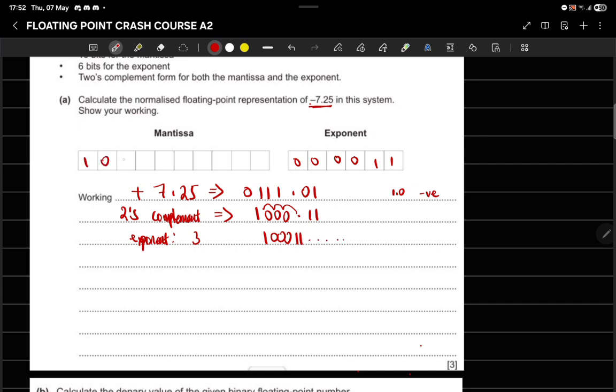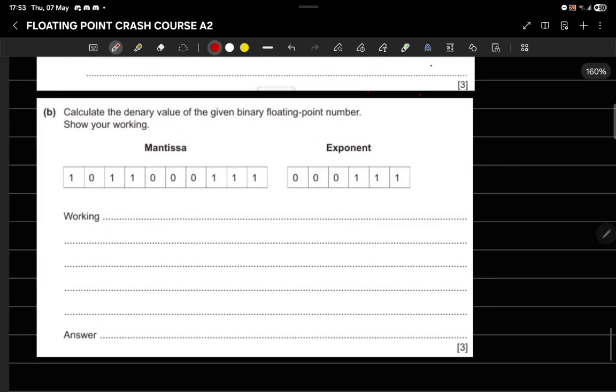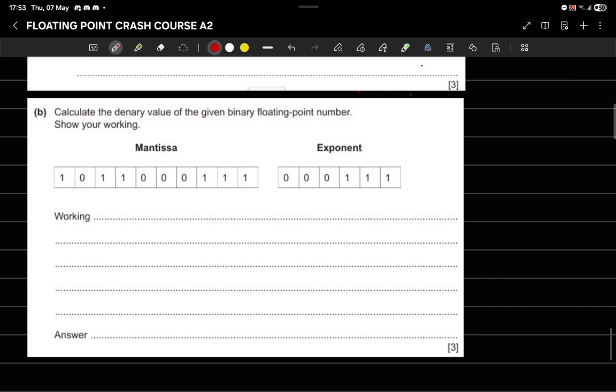So 100011. Now convert to the denary value of the given floating point. So the exponent is going to be 124, which adds up to 7.